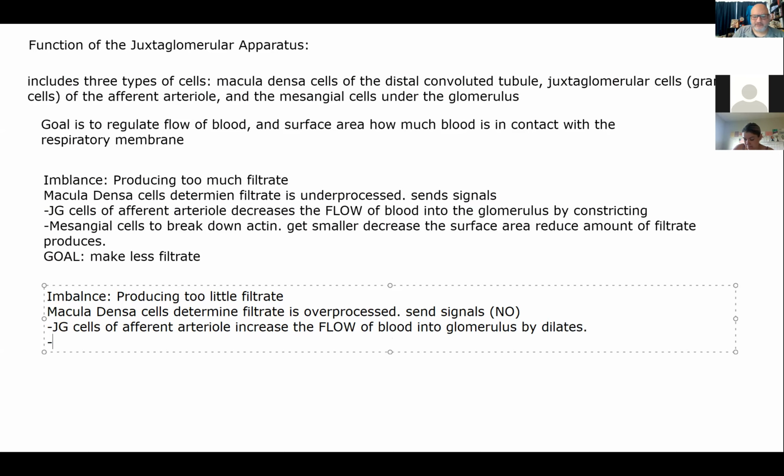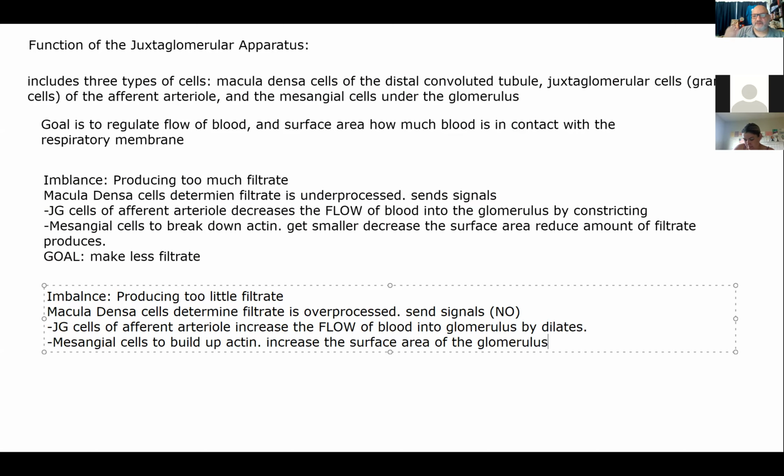And we want to do the same thing with the mesangial cells. They are going to build up actin. When they build up actin, the cells get bigger. When the cells get bigger, they push up on the glomerulus, and we increase the surface area of the glomerulus.